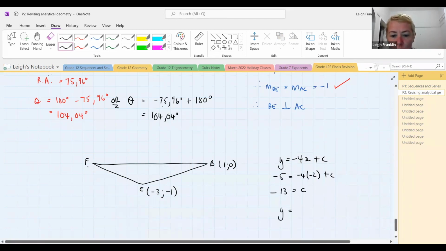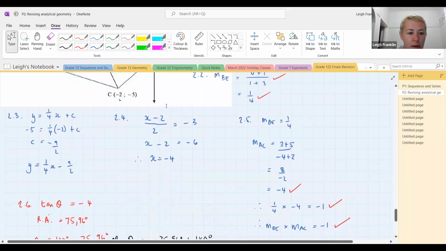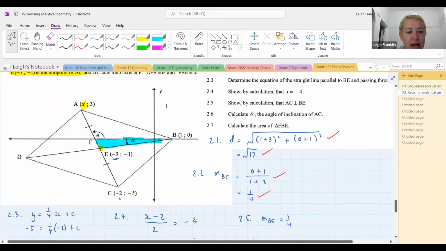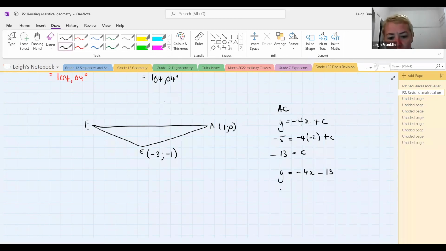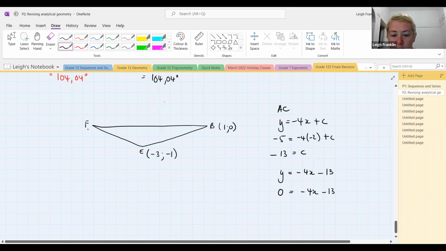So y equals -4x minus 13 is the equation of AC, and F is the x-intercept. For the x-intercept, we let y be equal to 0. Taking that over to the other side, 4x equals -13, so x is -13/4. Therefore, the coordinates at F are -13/4 and 0.